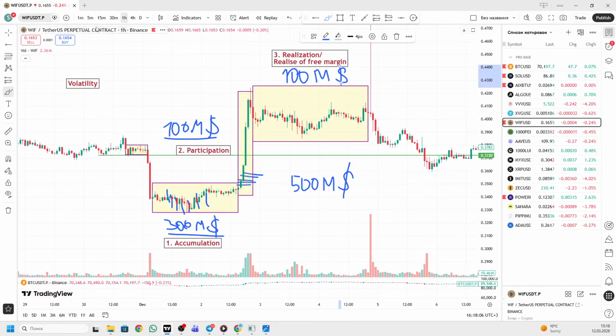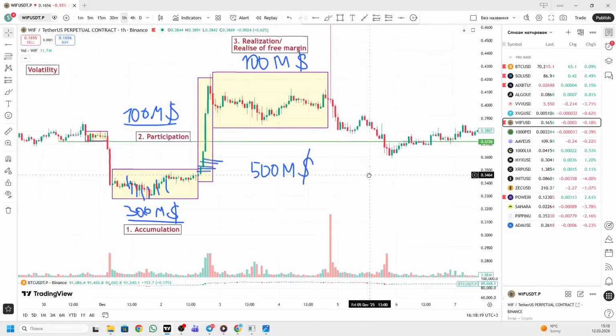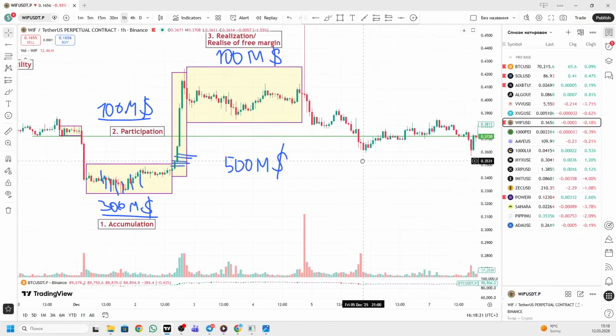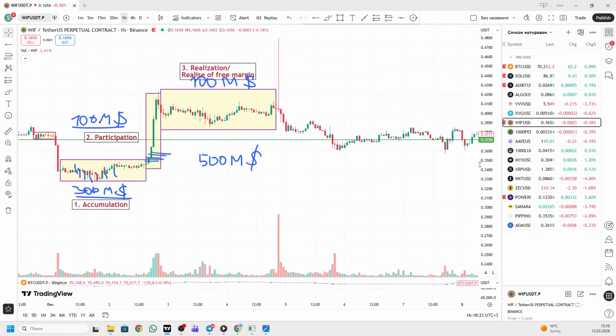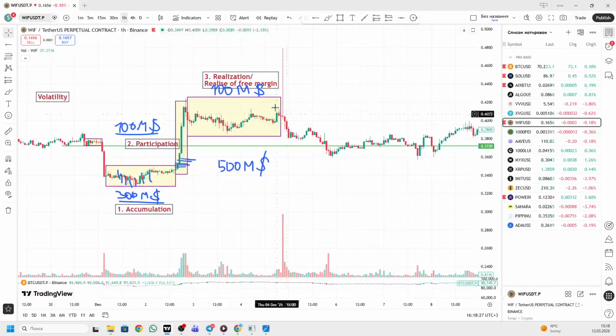Okay? So I think this is also clear about the phases, right? So what happens actually next? Let's see. Let's take a look at how the asset actually moved here. What happened here?